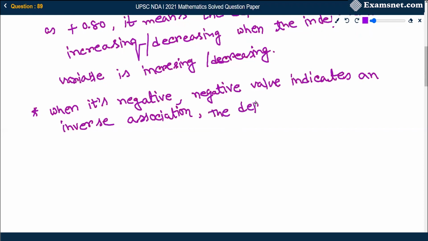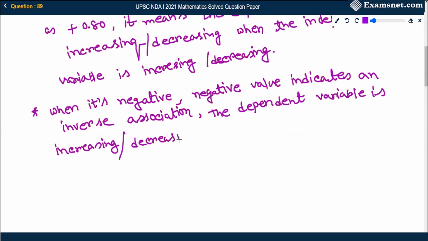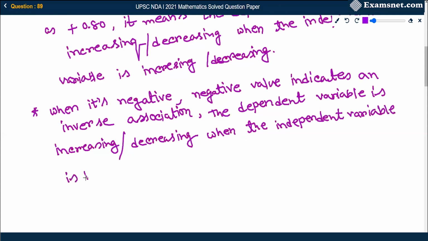The dependent variable is increasing or decreasing when the independent variable is decreasing or increasing.